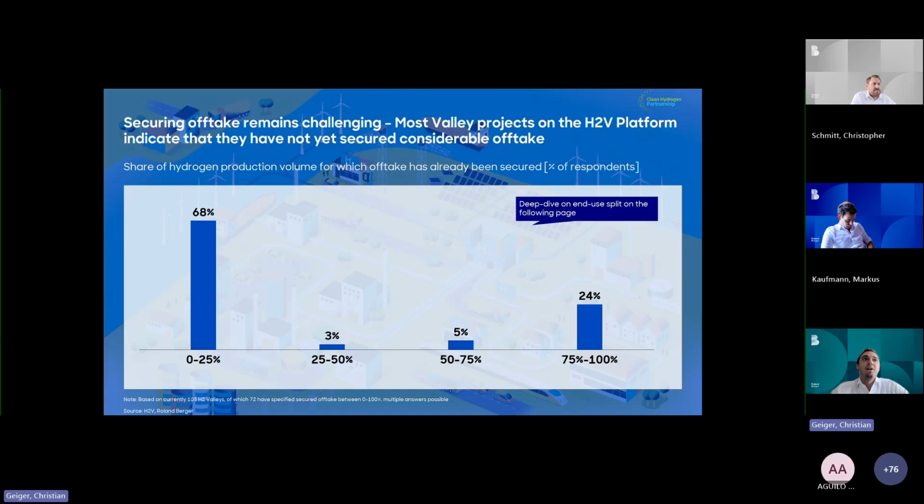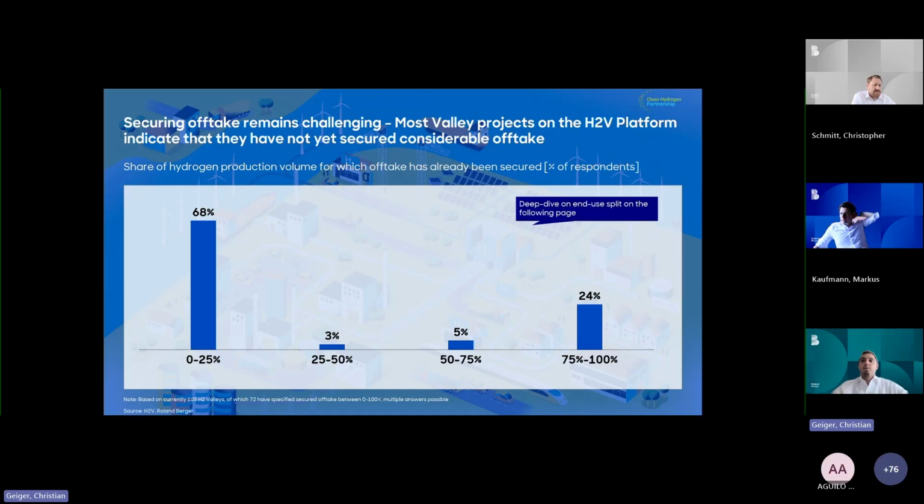We can see that almost 70% of the valleys on our platform have not secured offtake for more than 25% of the envisaged production volume, whereas a quarter, so 24%, have secured offtake agreements for well above 75% of their production volume.